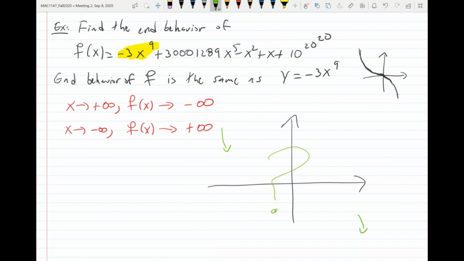Well, this is what we need to keep exploring and discussing. But at least we know that our function is going to begin from up here and it's going to finish down here. Do you understand this? That's what the end behavior tells us: how to begin and how to finish the picture. What happens in between? Well, we need to analyze more. But at least we get a first step done. Questions?